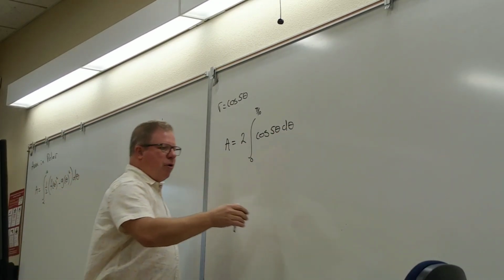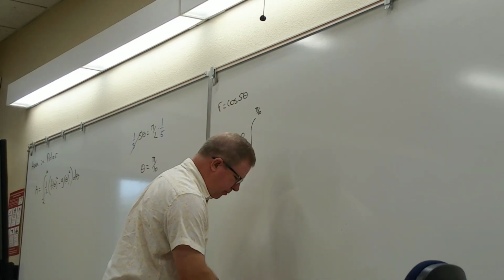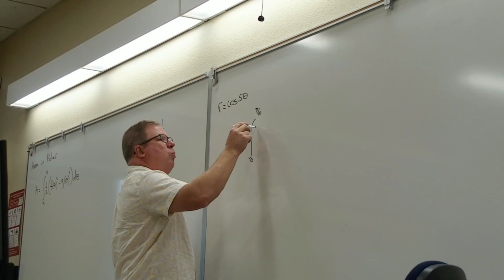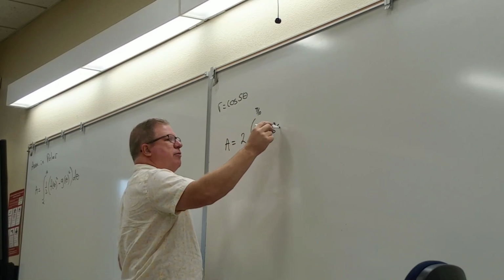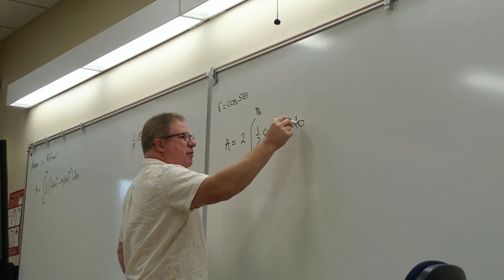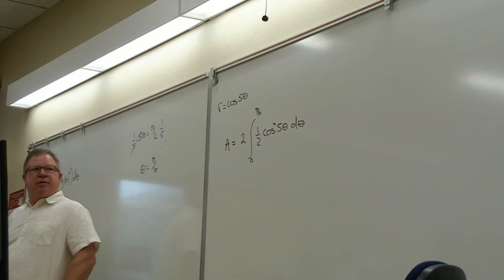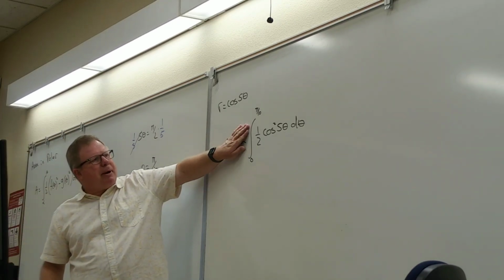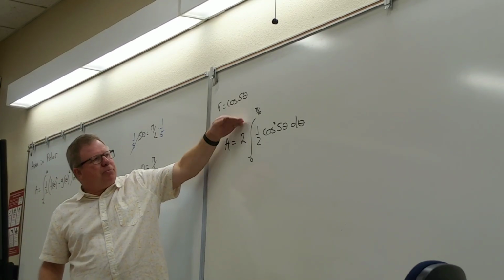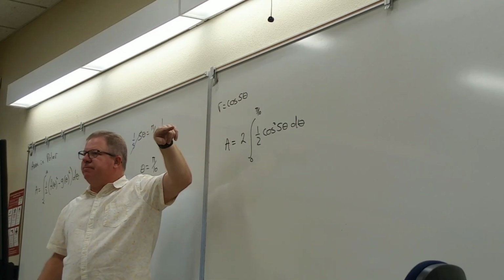Oh, wrong. Messed up my last example. Very frustrating. 1/2 cosine squared 5 theta d theta. So again, that would give us the top half of the petal. Multiplying by 2 gives us the entire petal. Good?